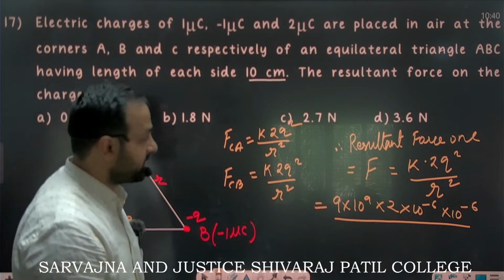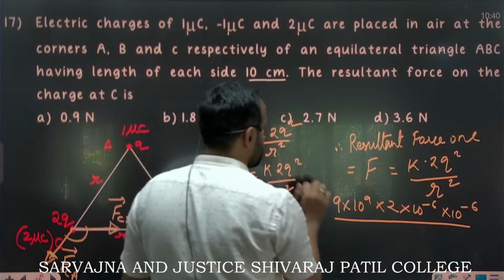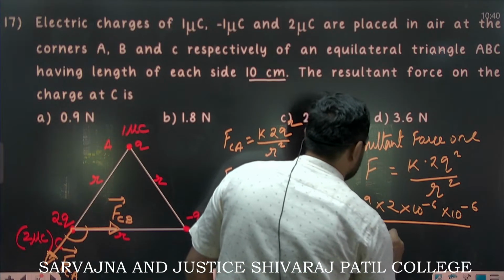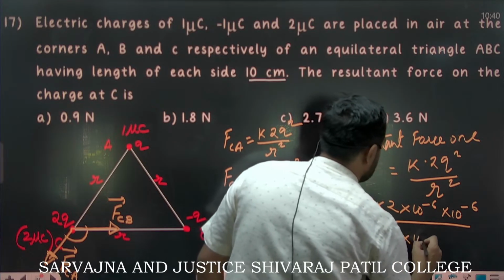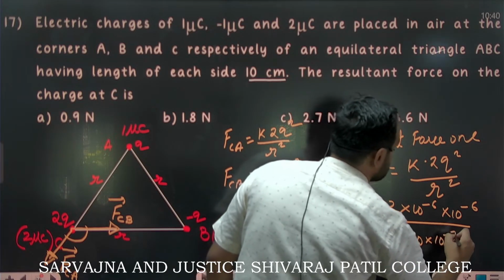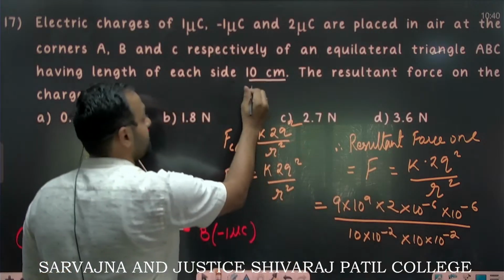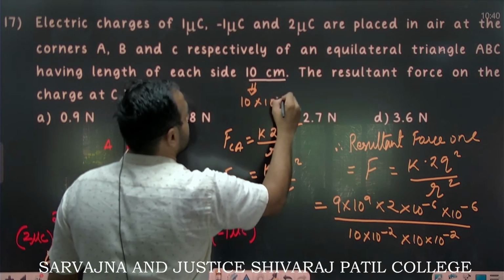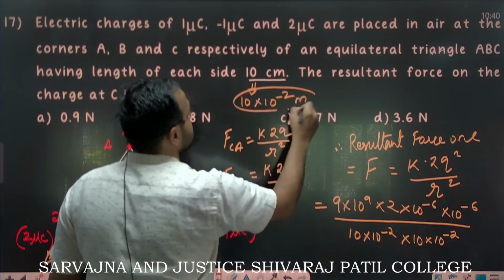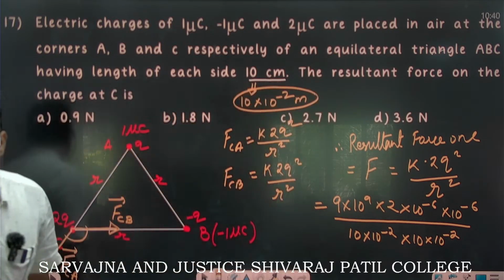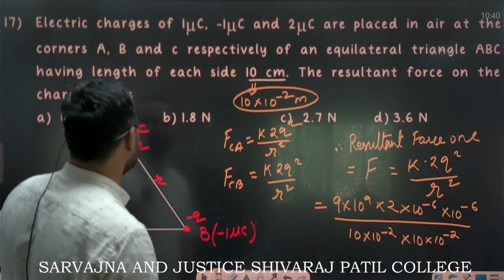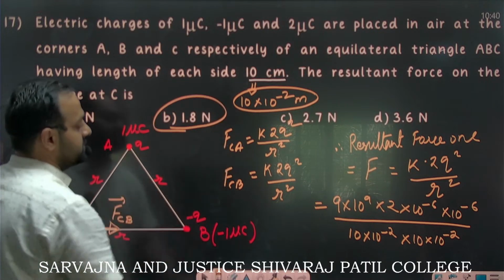If you are confused, what does 10 centimeter become when converted to meters? 10 into centi will be 10 power minus 2 meter. How much are you getting? 9 twos are 18, so 1.8.